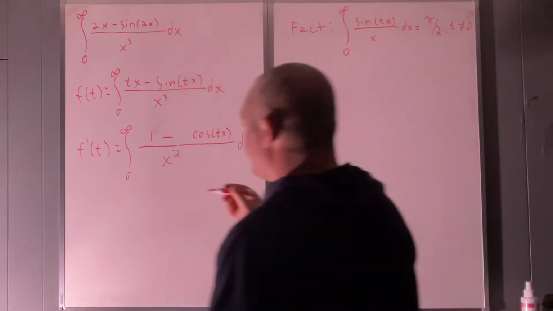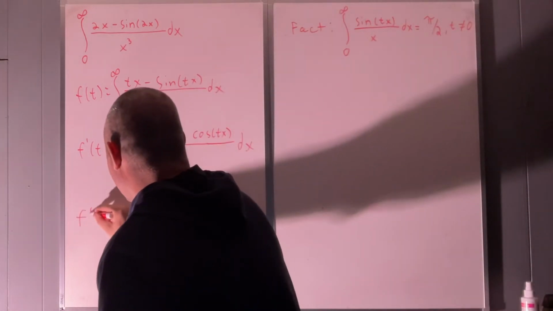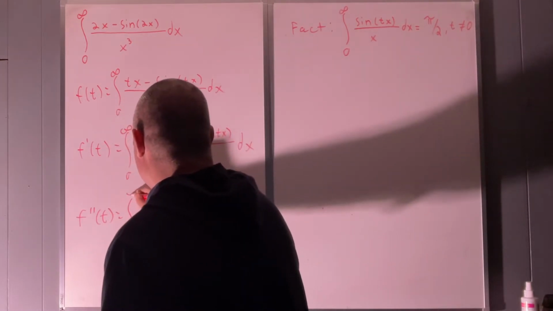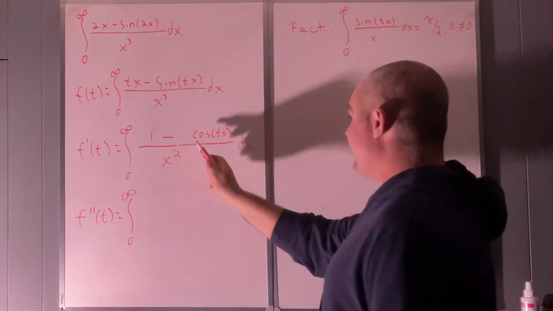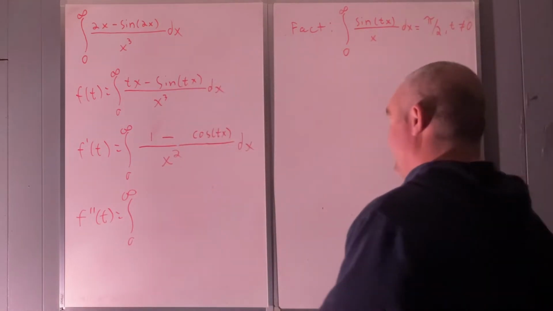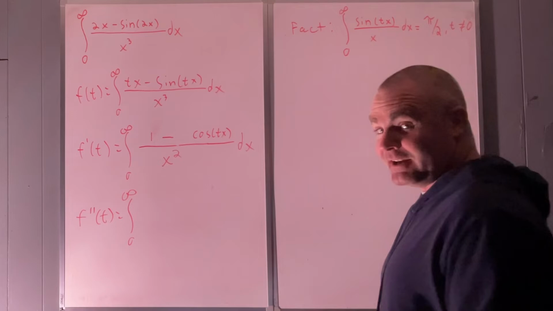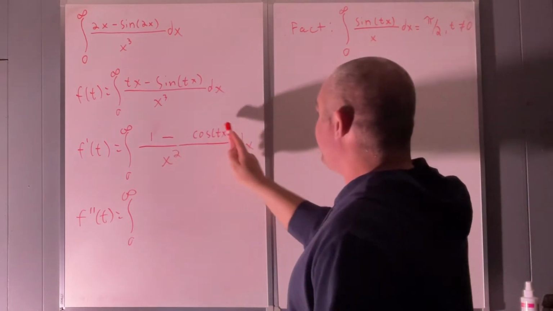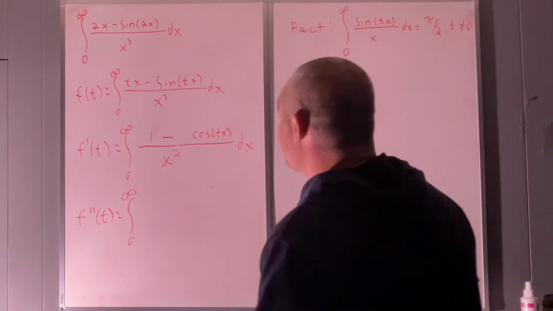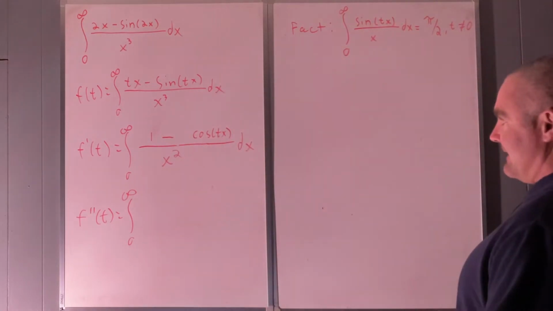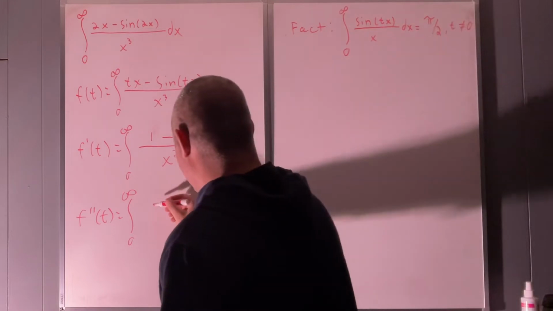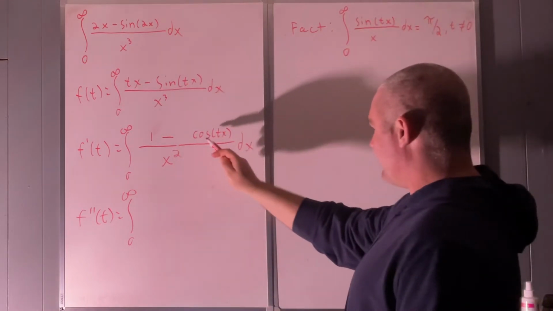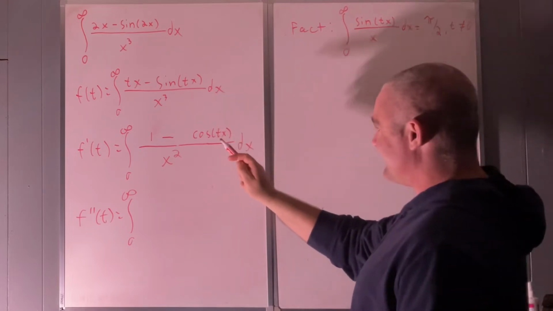All right, one more derivative. f double prime of t is equal to the integral from 0 to infinity of, well, now this entire first part's going to drop out because it's a constant with respect to t. So we only need to take the derivative of this, with the negative. The derivative of cosine of some function is equal to negative sine.